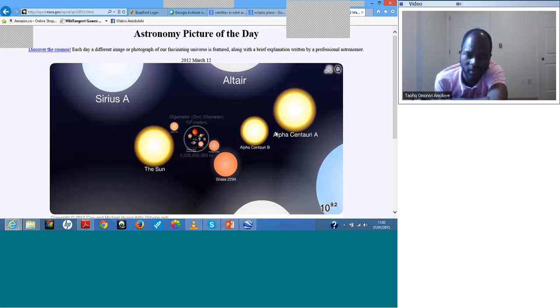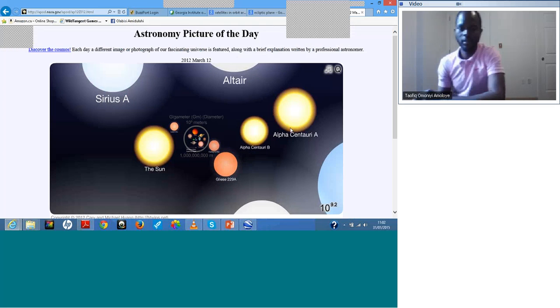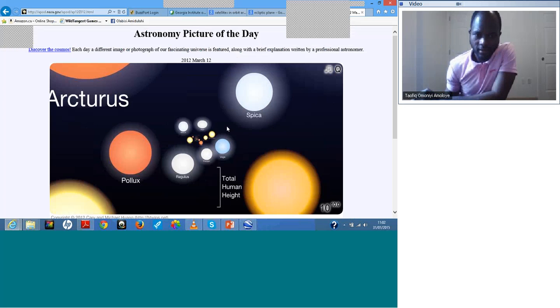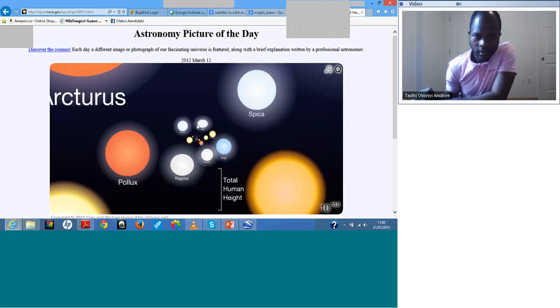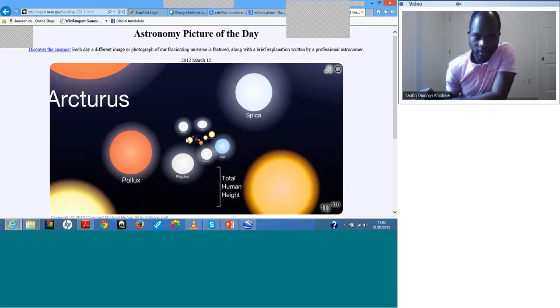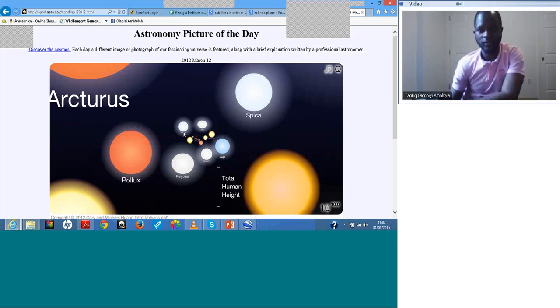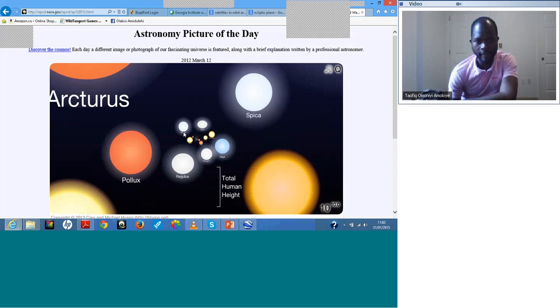Let's look at Sirius. Sirius A is bigger than the sun. But when you point out the position of Sirius in the night sky, you see it as very tiny.